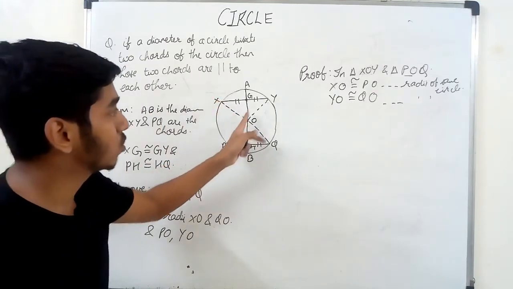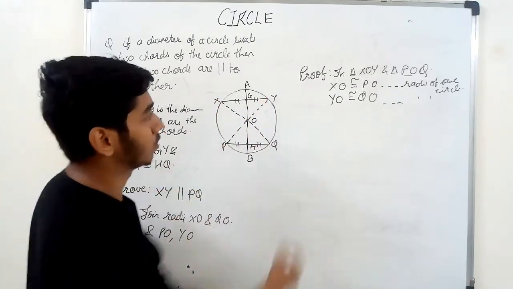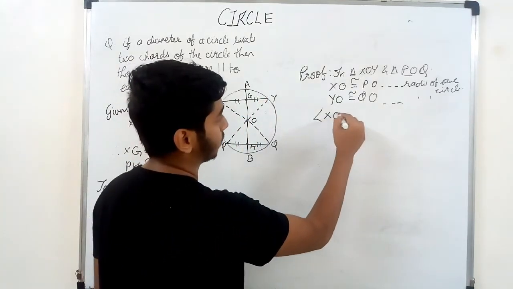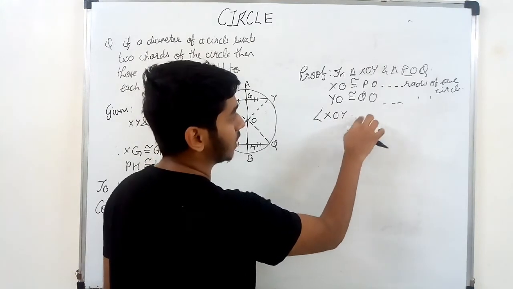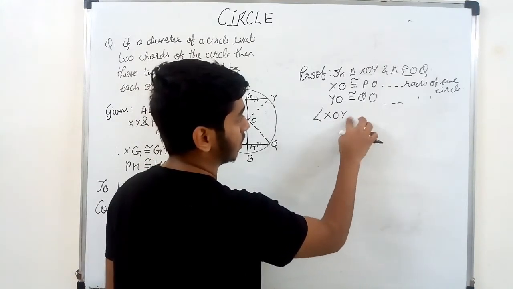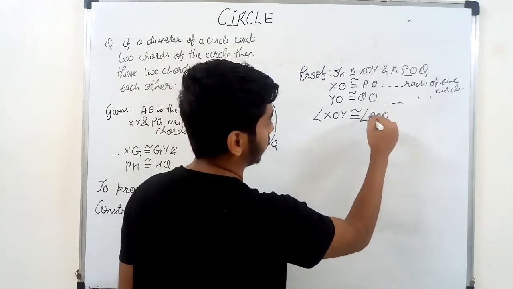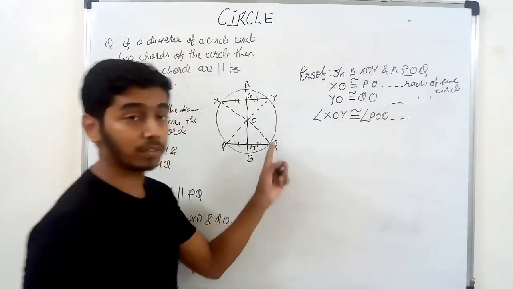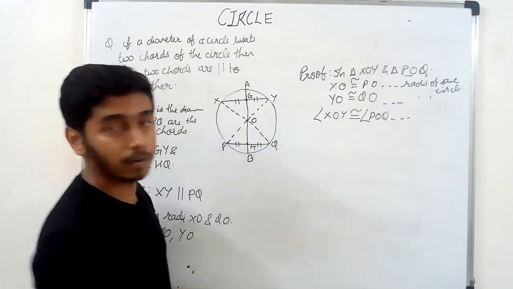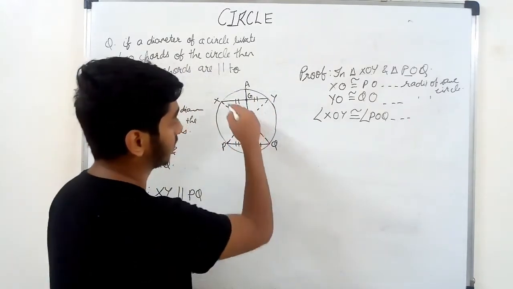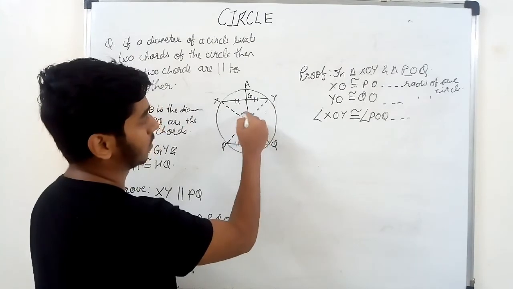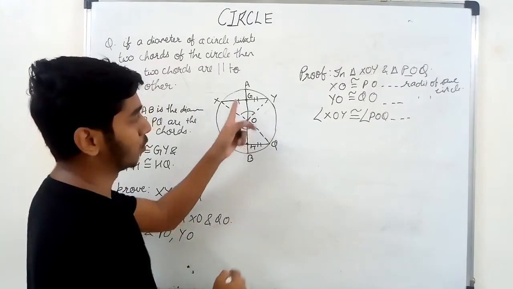Now, if you see, angle XOY is congruent to angle POQ. Why? If you think of the reason, the reason for this will be vertically opposite angles, because it's forming like this. So this angle and this angle, they both are congruent.